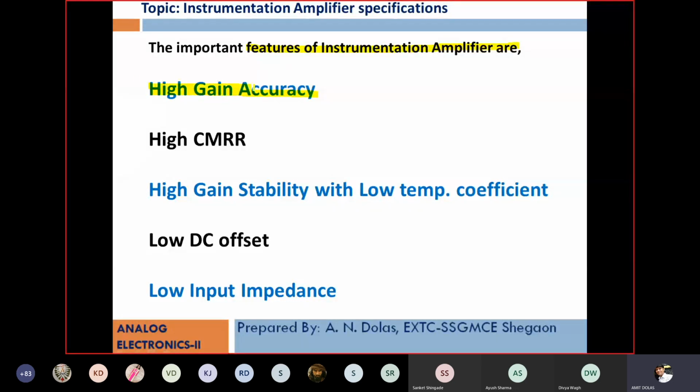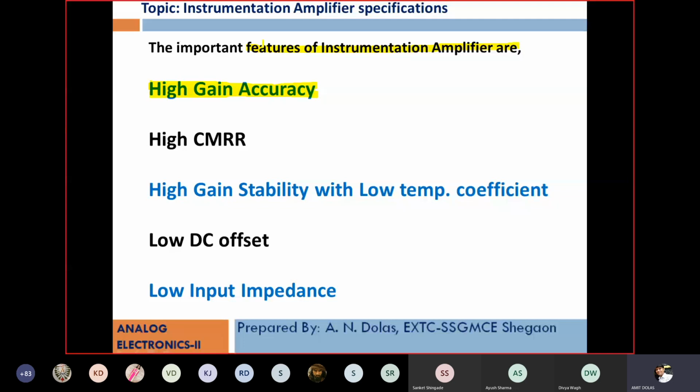There must be very high gain and it must be accurate, because the transducer is the device which will convert some physical quantity like pressure, temperature, light intensity, whatever, into an electrical signal, maybe voltage, current, or power.